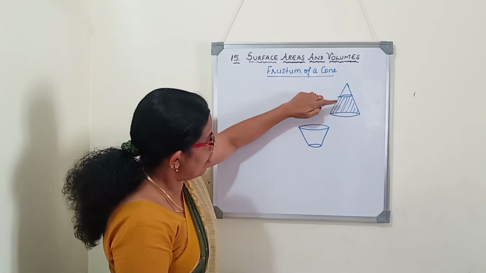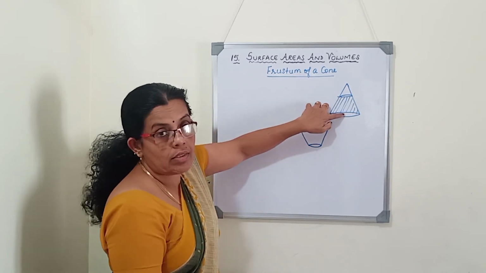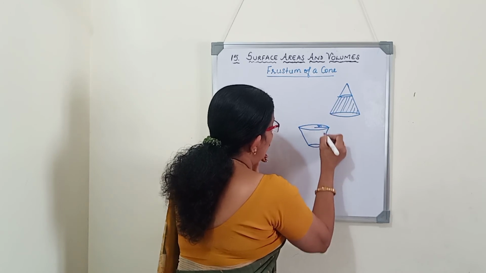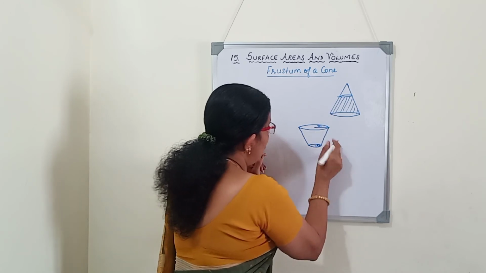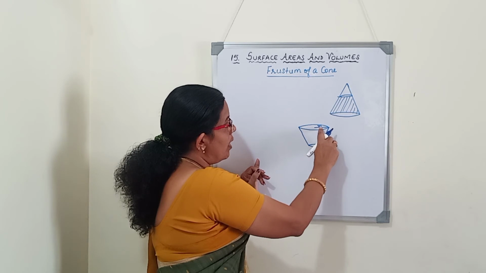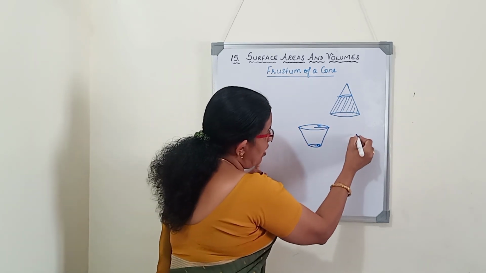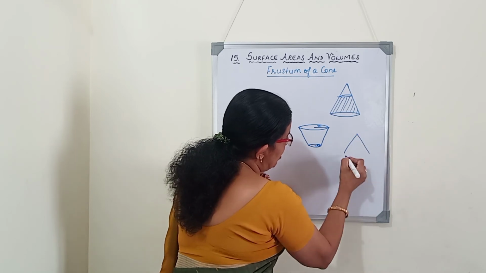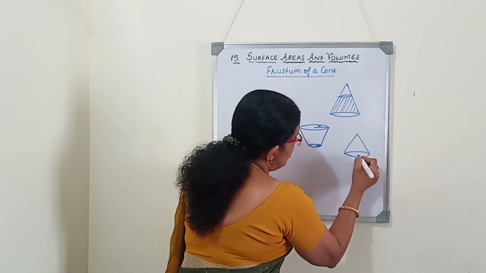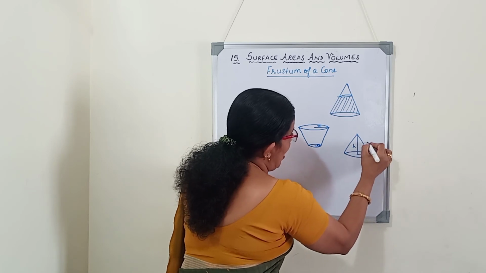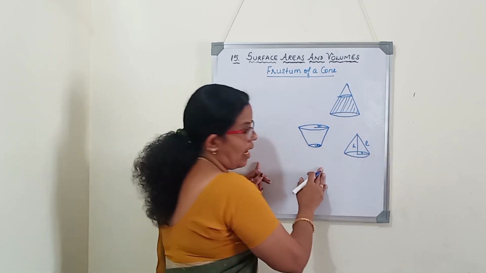The bigger circular surface radius we will consider as R1 and the smaller one as R2. For a cone, there is only one radius. If this is a cone, this is the radius, this is the height and this is the slant height.